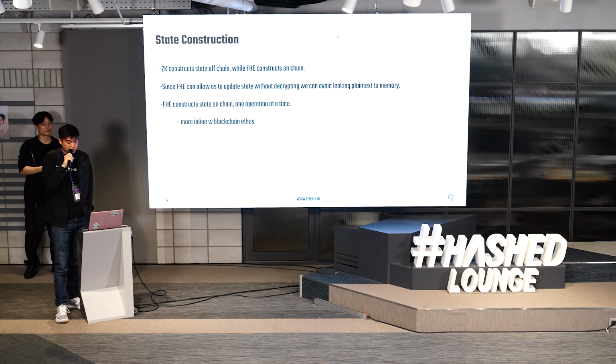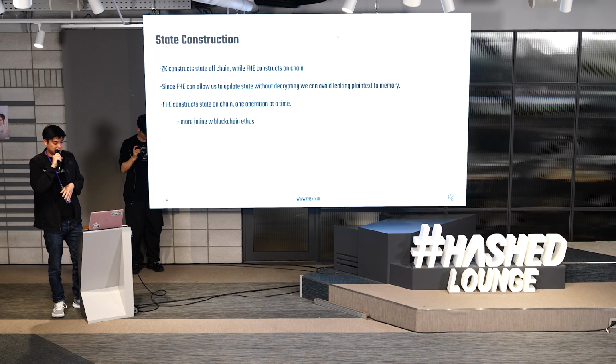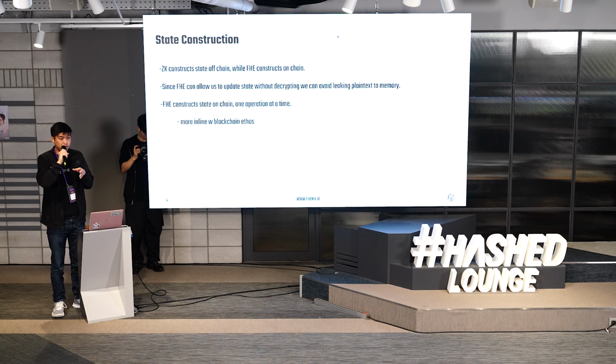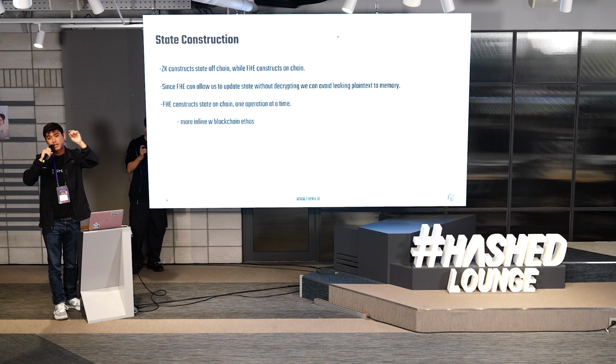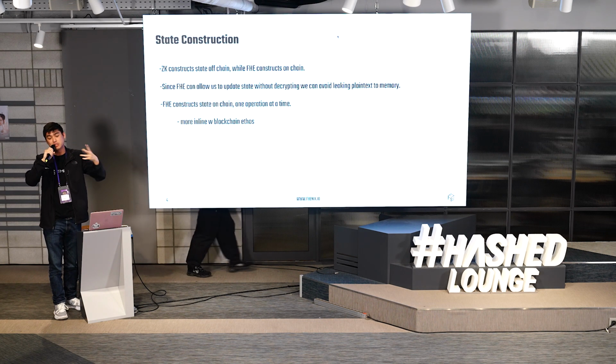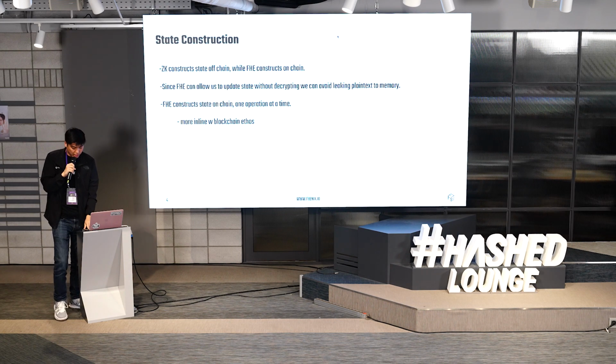And so FHE constructs the state one step at a time, which is in line with how blockchain works, generally speaking. If you have ciphertext A and ciphertext B and you want to run an addition operation, you can run this operation and verify that the corresponding ciphertext C will be the sum of A and B without having to know A or B or decrypt C.